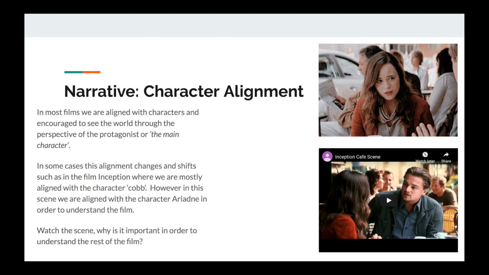And again, this is a classic auteur trait of Christopher Nolan, in the sense that in a lot of Nolan films, the audience know what Nolan wants them to know, so he doesn't spell the film out in the first act.